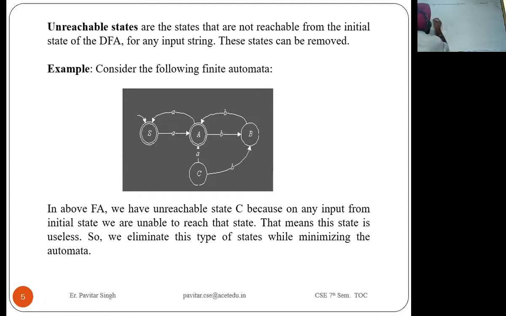Suppose Q0 upon the processing of A goes to itself. Upon the processing of B, it goes to Q1. Q1 upon the processing of A, B goes to Q2, and Q2 is your final state. Here I am introducing one more state, that is Q3.